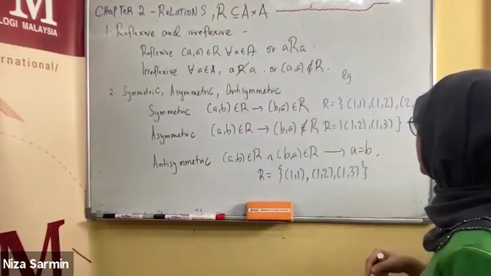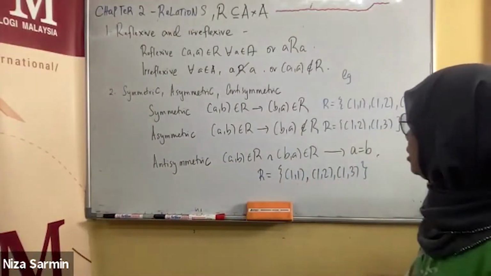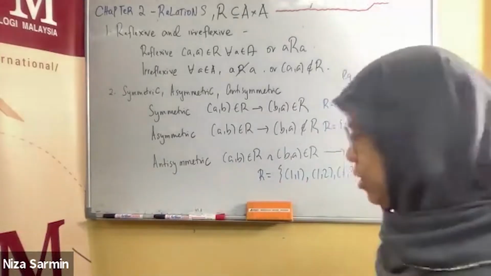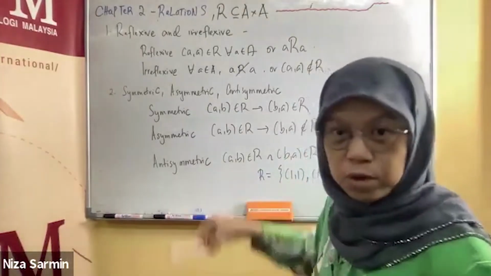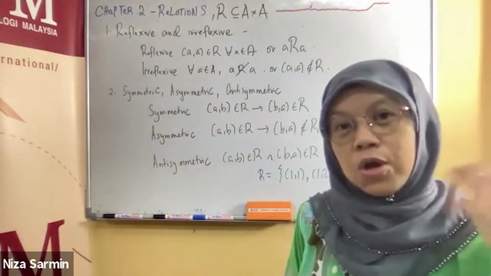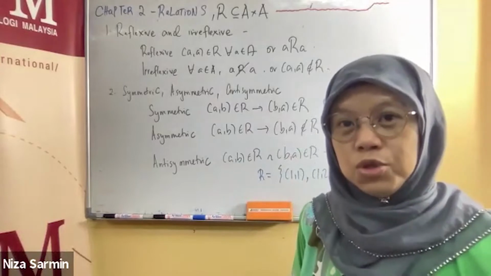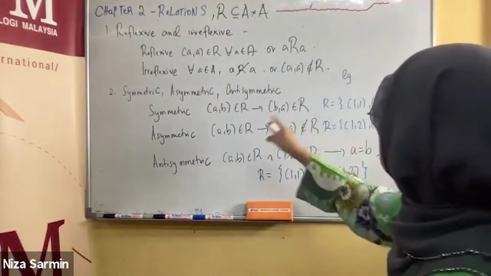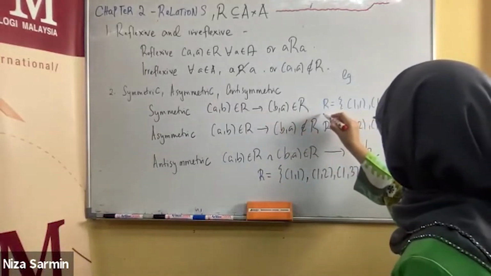Okay. So this is an example of not. Okay, let's write an example of not. If you want to understand something, you have to come up with your own example or counter example. That will show you really understand. Okay, so symmetry, I want to write not.